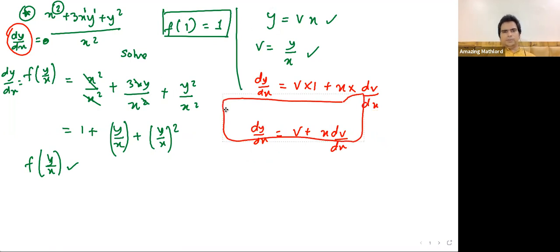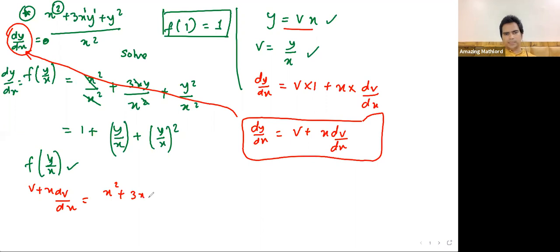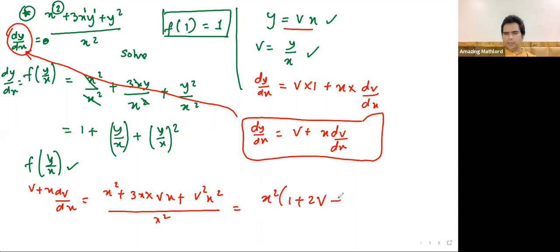I can take it and put it in place of dy by dx. So let's see what we get. It is v plus x dv by dx equals x squared plus 3x times vx plus v squared x squared, upon x squared. You can take x squared common, and this becomes 1 plus 3v plus v squared over x squared, so the x squared gets cancelled.